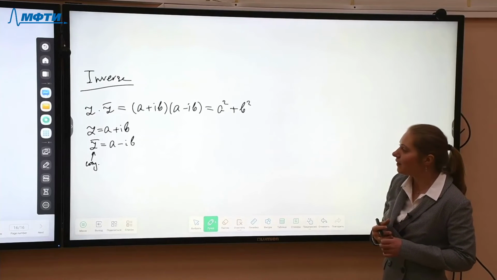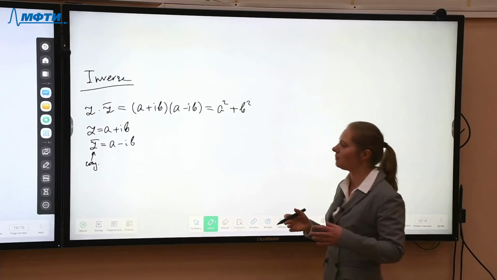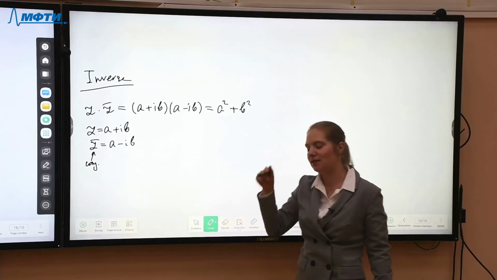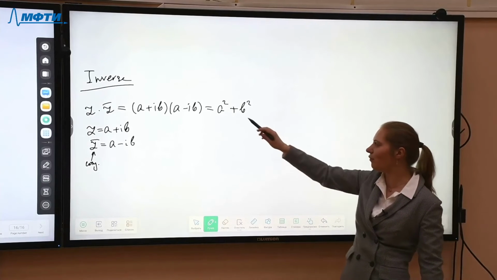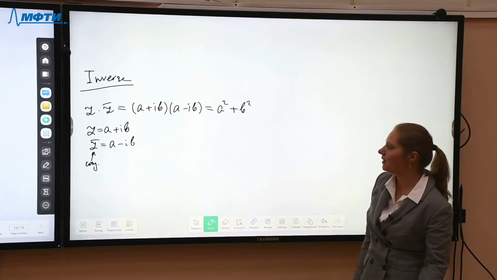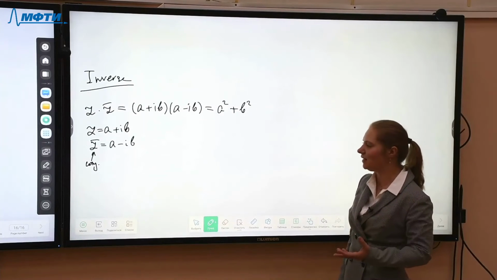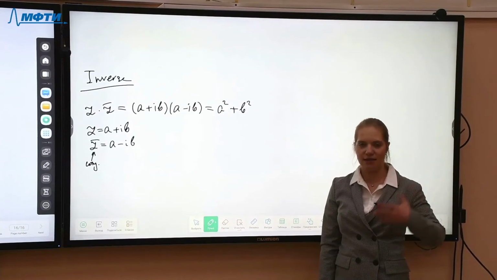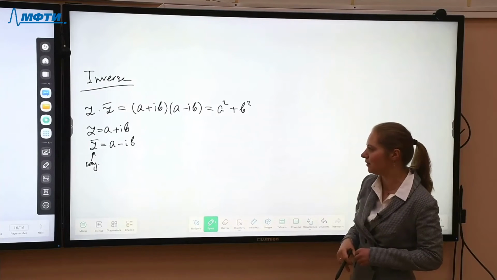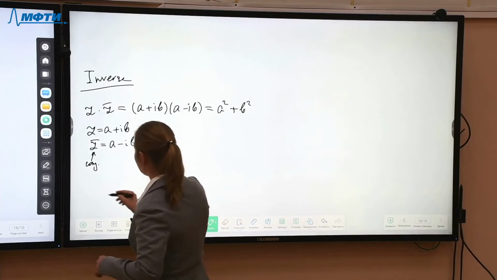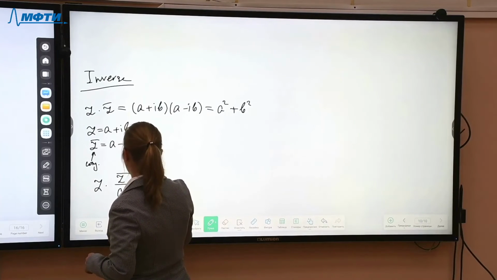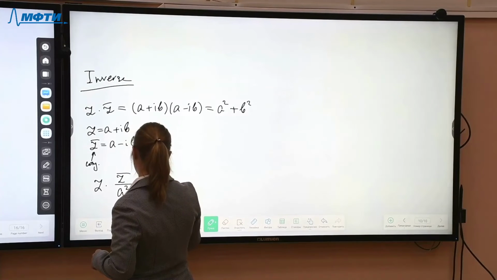So it means that if we multiply z not by the conjugate of z, but by the conjugate of z over this number, we suppose that z is not 0. It means that a is not 0 or b is not 0. It means that the sum of their squares is not 0. We will have 1. So z times z-bar over a squared plus b squared is 1.